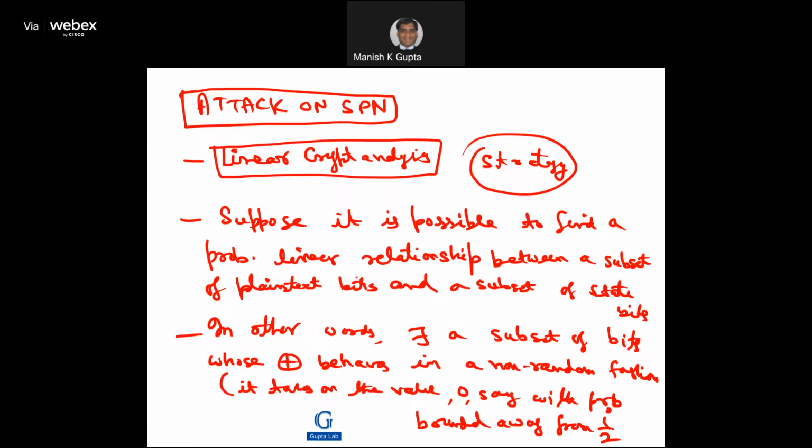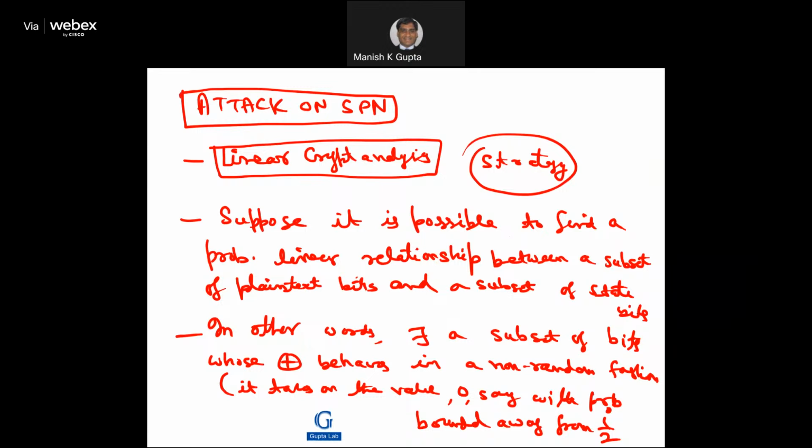It turns out that it takes the value 0, say, with probability bounded away from half. This is the kind of assumption that we are taking. It means there is some linearity.